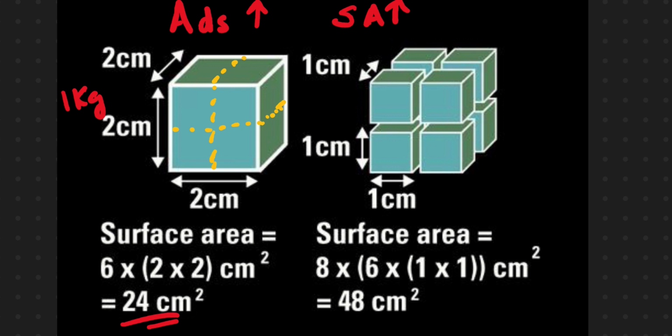When we calculate the surface area, it is 48, so almost doubled. As we said, when the surface area increases, adsorption also increases. So that's why, in applications, finely divided particles can show much more adsorption than large systems, since the surface area is increasing.